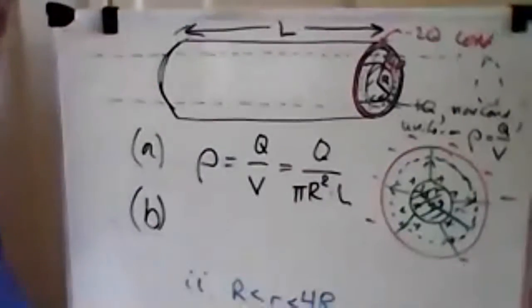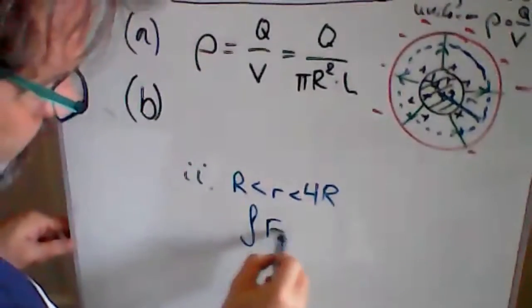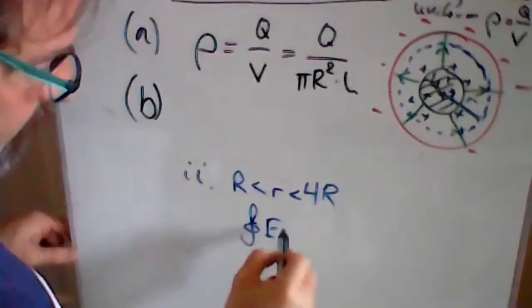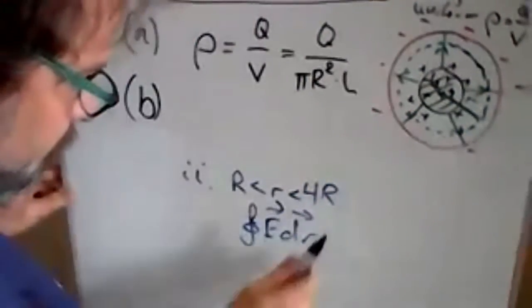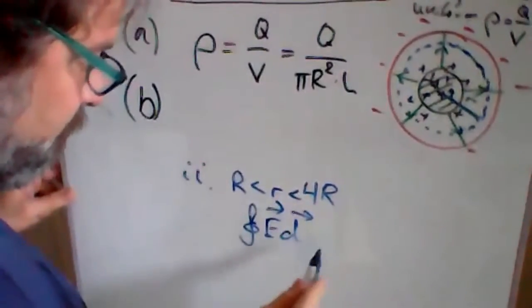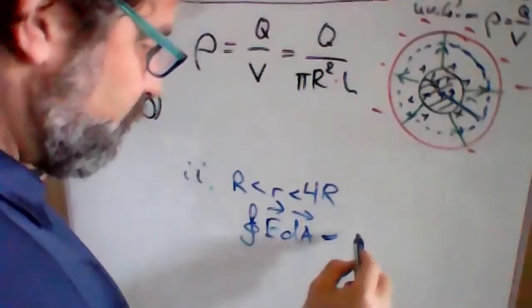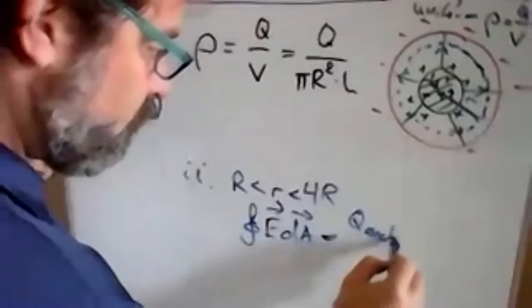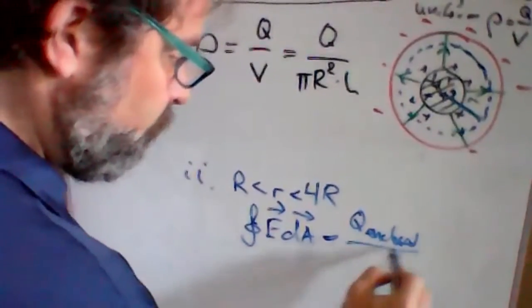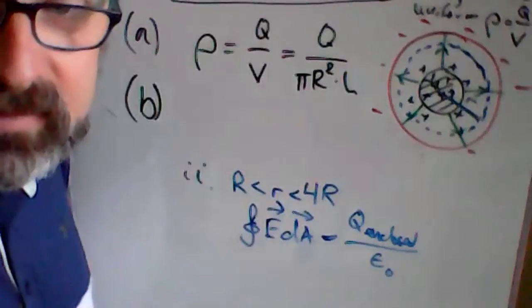So the surface integral of E dot dA, this is a flux, is equal to Q enclosed divided by epsilon 0.